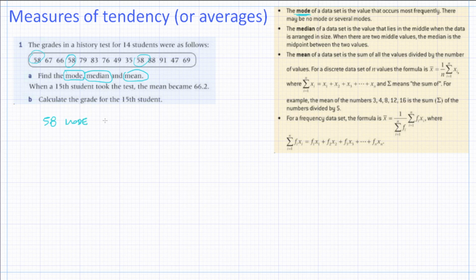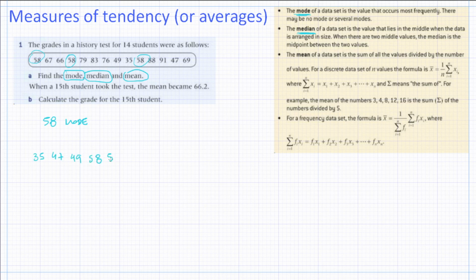Fair enough. Now the median is what's in the middle when we arrange our data set according to size. So let's rearrange those in order. The smallest number is 35, followed by 47, then 49, 58.